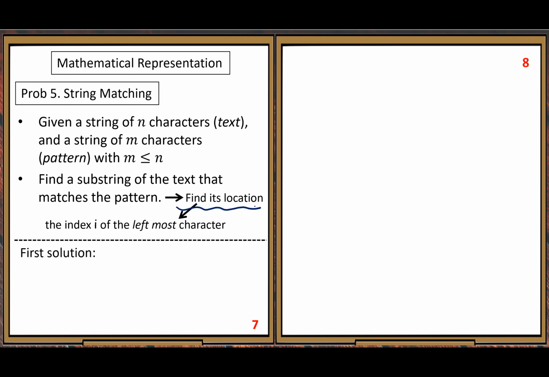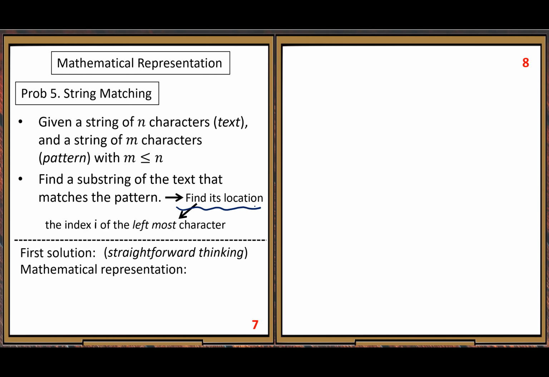First solution: straightforward thinking. We do not need to use any fancy method, just straightforward, based on our intuition. So we do the substring comparison, one after another. But we cannot do it mentally, so we need to write out the specific expressions first.